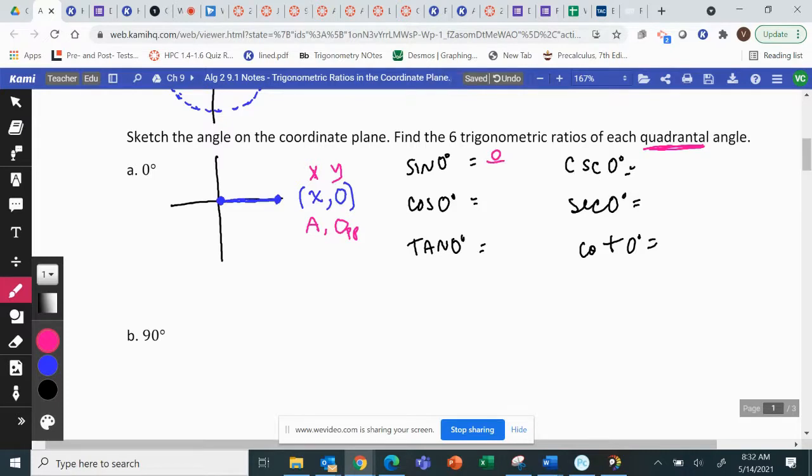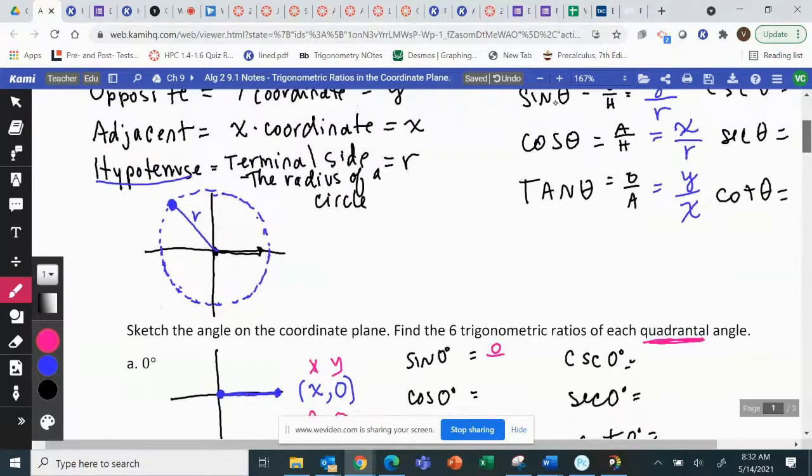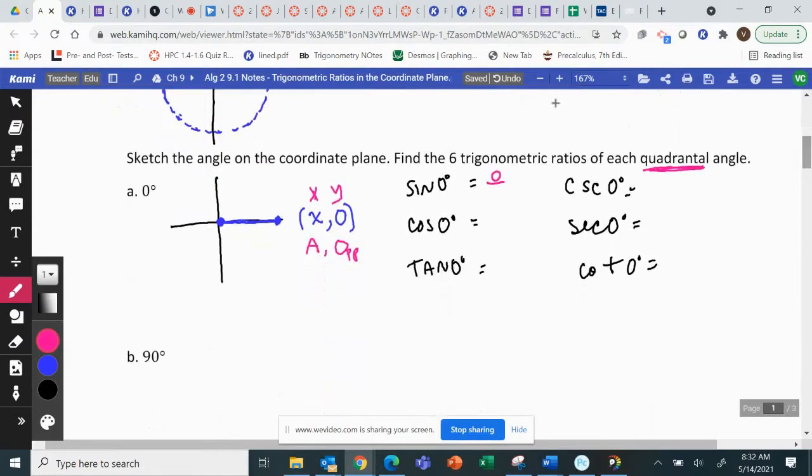Now we need to know the H. And up above, I talked about the H being the radius of a circle. So if I have a circle here, what is my radius? 0? That would be no circle. It's got to have a length. So if I start at the origin and I work my way out to the end, what is the length of that horizontal line?